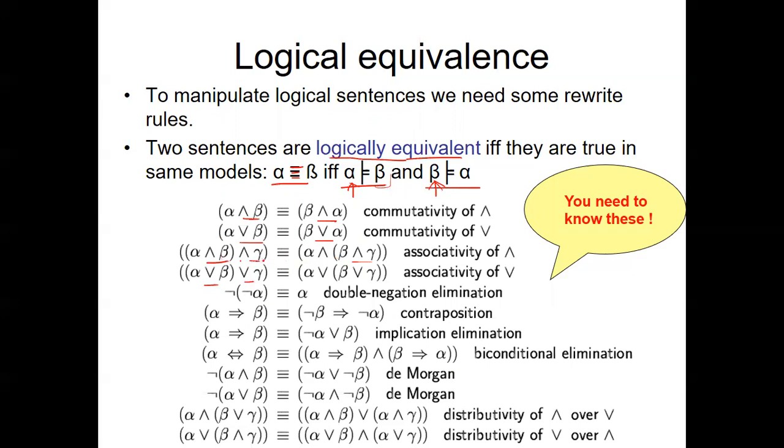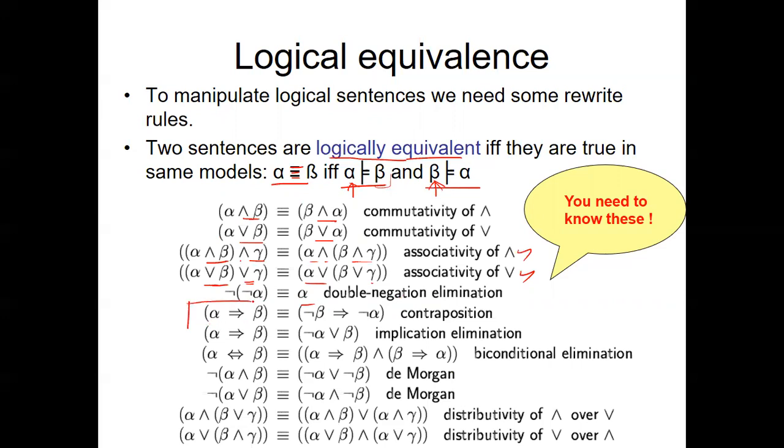Alpha and beta and gamma is equivalent to alpha and beta and gamma, regrouped. Alpha or beta or gamma is equivalent to alpha or beta or gamma, regrouped. This is associativity of and, this is associativity of or. Negation of negation alpha is equal to alpha. Double negation will eliminate the negation. Okay, so this is interesting.